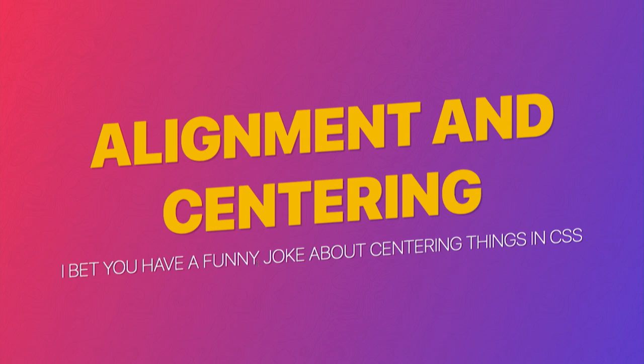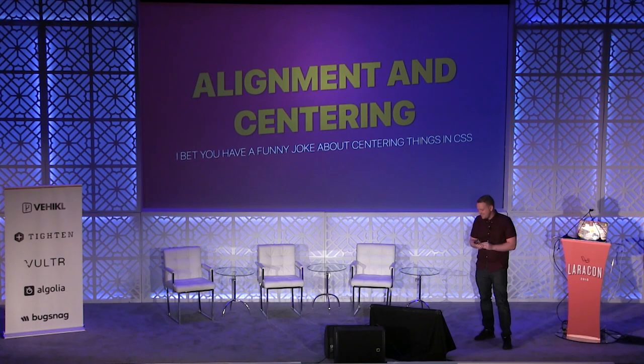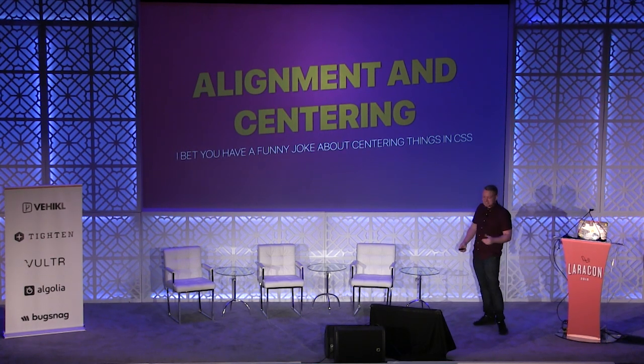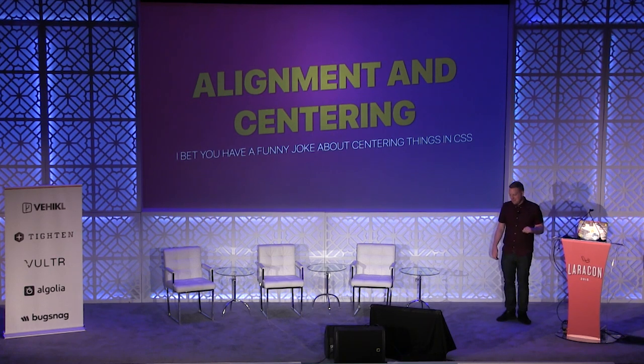Now, alignment and centering. Along with the grid layout, this is probably one of my most used parts of Grid. It's just lining stuff up. I'm sure all of you, especially back-end devs, love to talk about how hard it is to center things in CSS. But it's not a problem anymore.